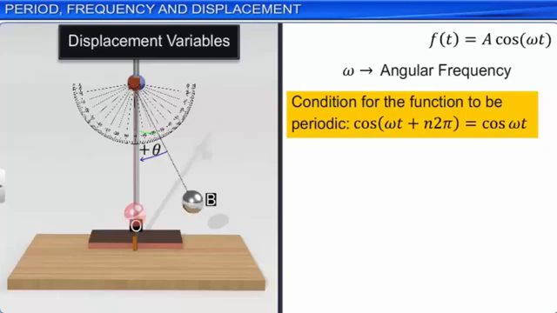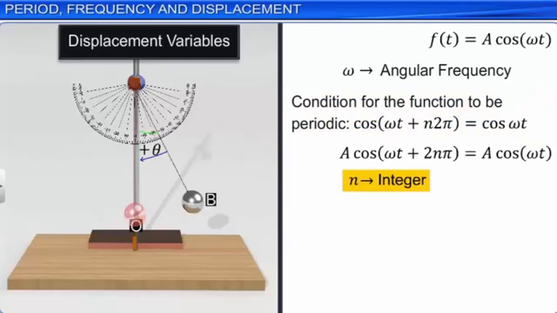Thus, a cos(ωt + 2nπ) must be equal to a cos ωt, where n is any integer. In other words, the function is periodic with the time period T when f(t + T) = f(t), where the time period T = 2π/ω.